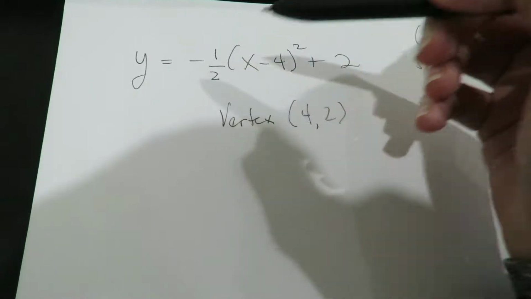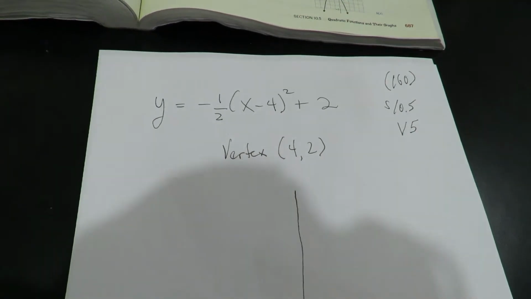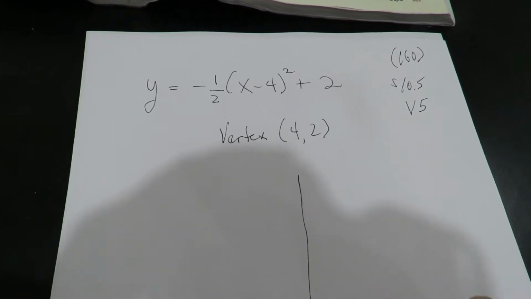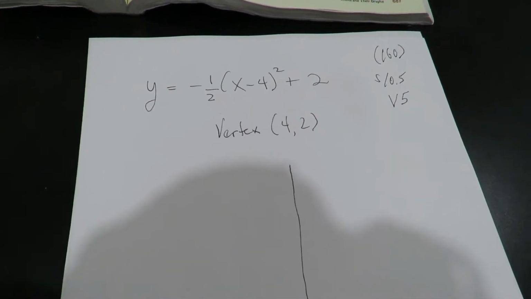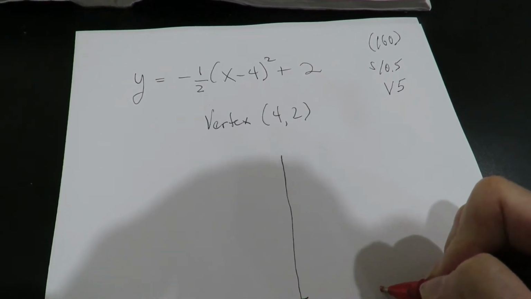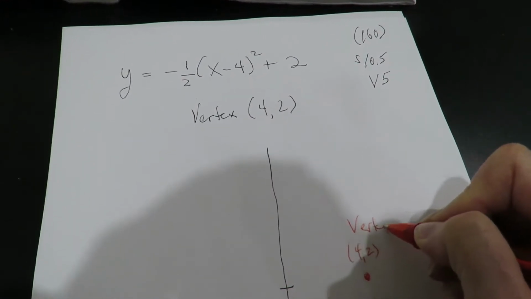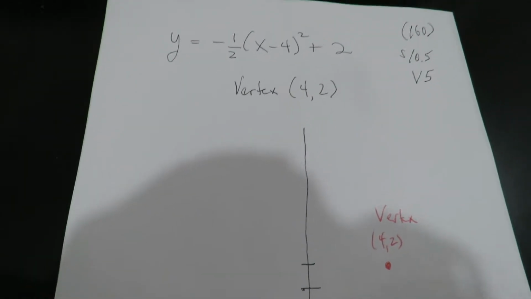It's taking longer for the parabola to grow. Okay, so (4, 2) is the vertex.